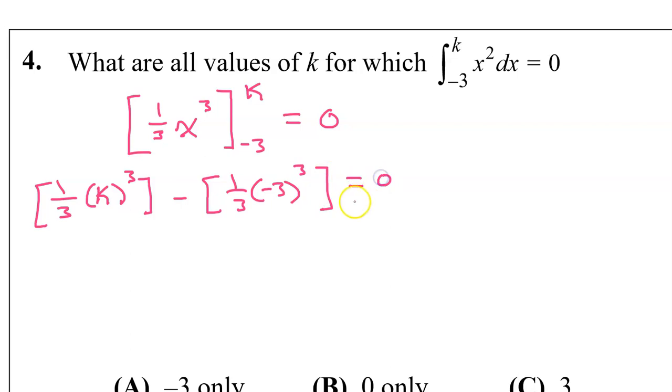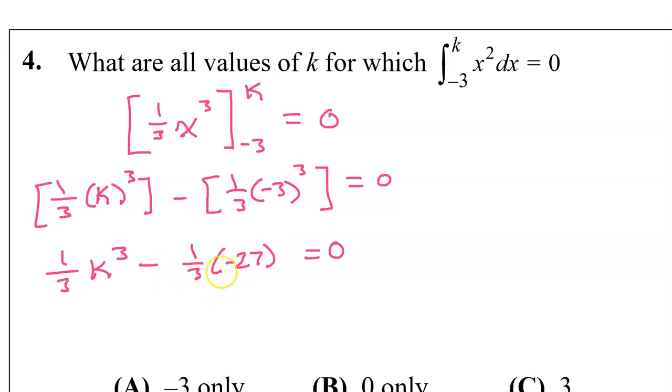And that is supposed to equal 0. Simplifying this a little bit, I'm taking away the brackets. So 1/3 k to the third power. Negative 3 cubed is negative 27. So we have 1/3 times negative 27. And that's equal to 0.